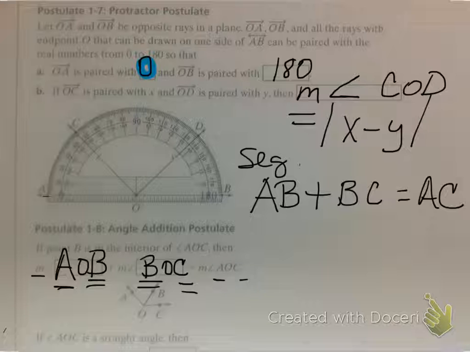Now let's look at the picture at the bottom, and what it's saying is if we take AOB and BOC, I'm going to get the whole angle AOC. Angle addition postulate.